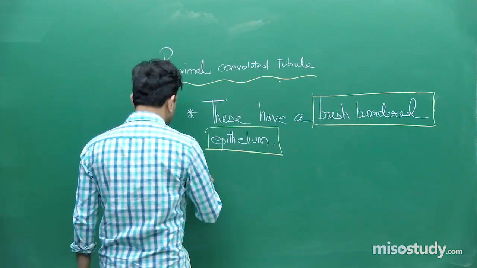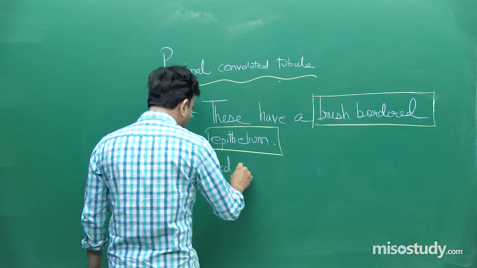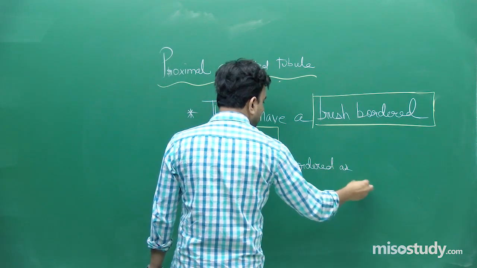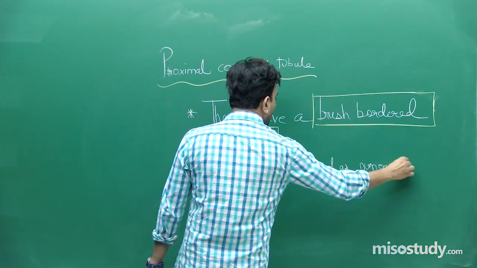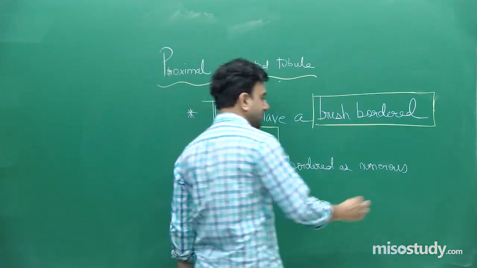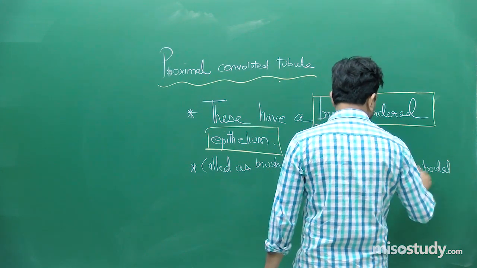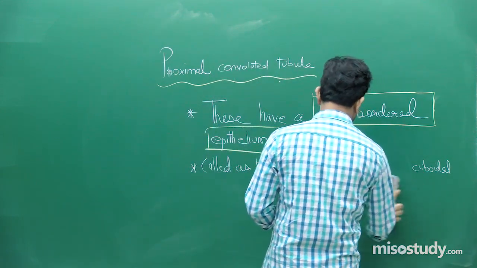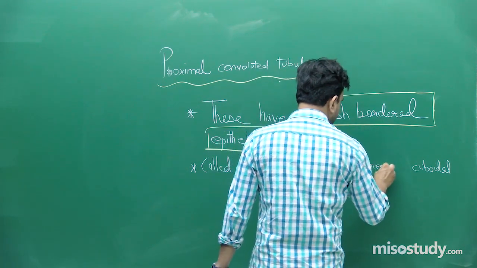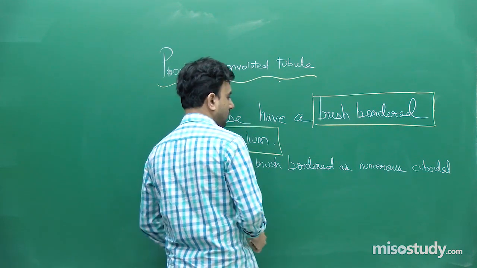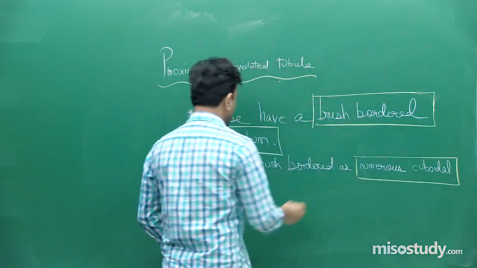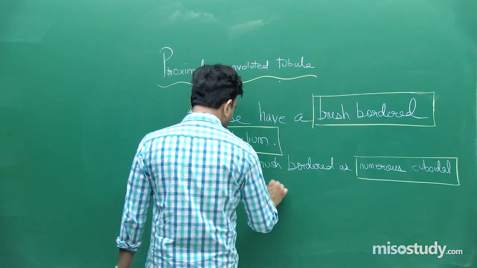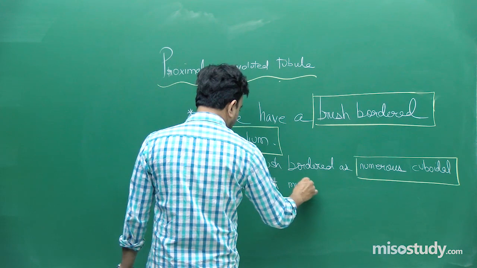It is called brush bordered as numerous cuboidal cells are lined with microvilli.